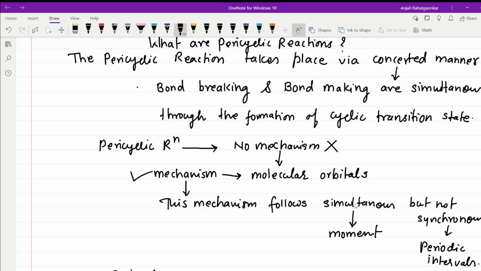These two terms are a little bit similar, but simultaneous means at the same moment the reaction shows bond breaking and bond making, whereas synchronous means in a periodic interval, the time may be different, but you can connect it with the same period of time. But we are associated with the term simultaneous, where bond breaking and bond making take place together.